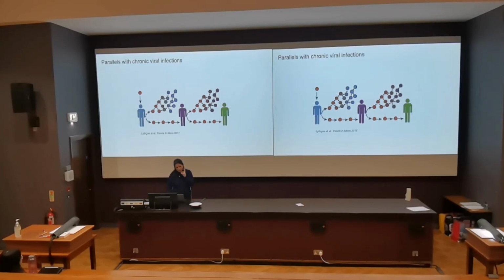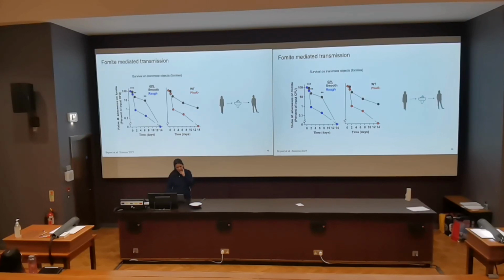But we've gone one step further than HIV, and we actually managed to experimentally show that this, we think, is something to do with fomite-mediated transmission, which is surface-mediated transmission, because we found that strains that picked up these mutations were less able to survive on a surface, but they had exactly the same growth phenotype in liquid culture.